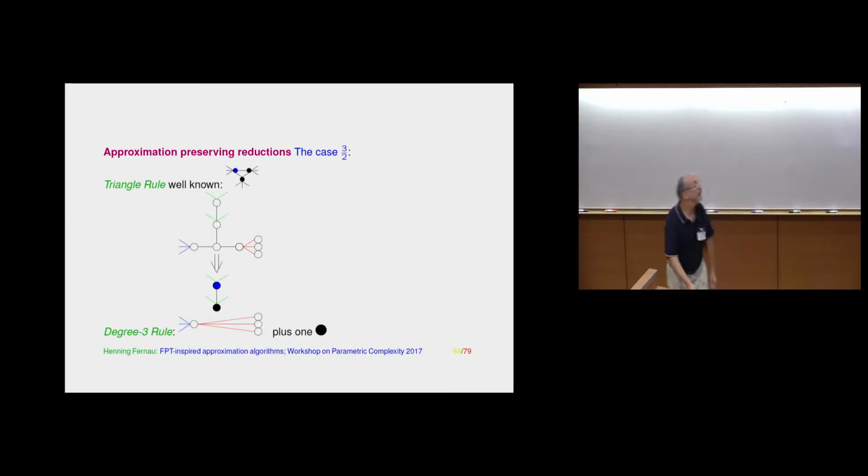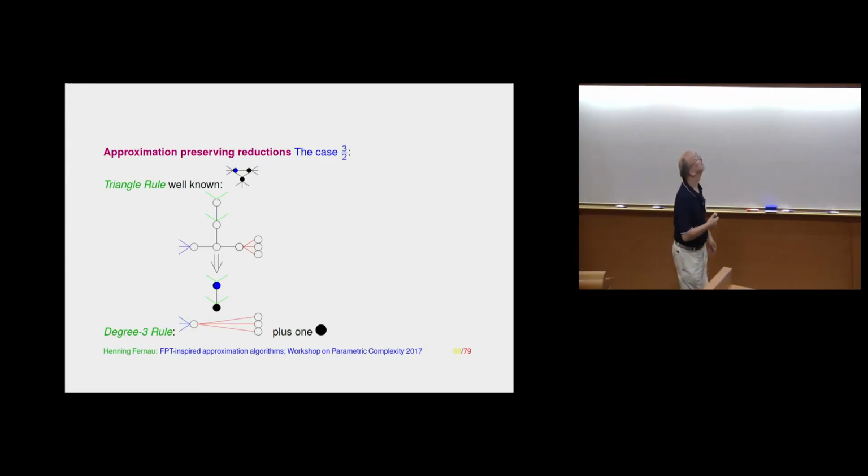But having done this, what does it mean? I deleted these 2 vertices plus all incident edges. So this means this vertex in the middle down here has become a degree 2 vertex, so I can fold it afterwards.